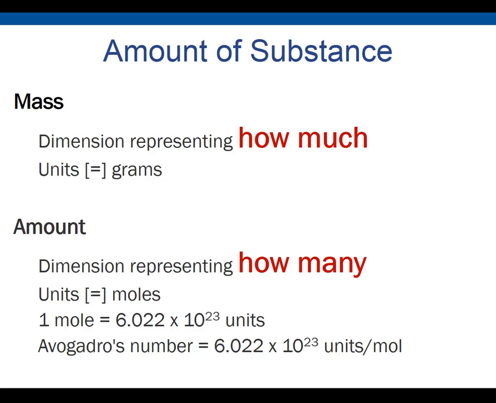1 mole is equal to 6.022 times 10 to the 23 units. So the scientist, his name is Avogadro. He found this unit. So Avogadro's number is 6.022 times 10 to the 23 units per mole. Alright.